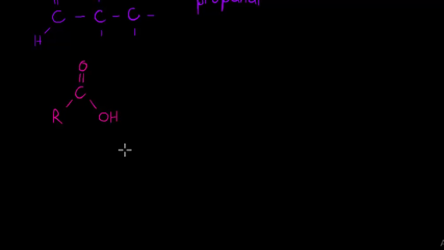Okay, now notice that we have 2 branches, one goes out to be some alkyl group, in other words hydrocarbons, and then the other one is a hydroxyl branch. Okay, hydroxyl branch.